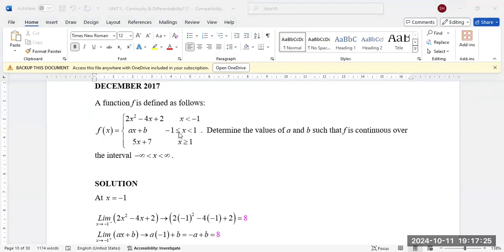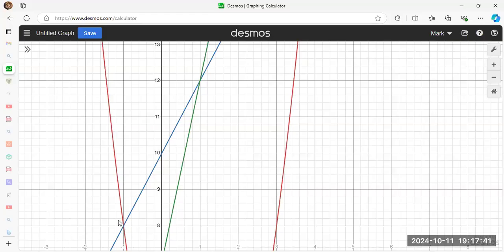Because it is greater than or equal to, it's going to have a shaded, a solid circle. Now, because this one is a solid circle, it supersedes this one. So at the point here, I'm going to have a solid circle to show you what is happening. So this function is going to be continuous at this point because of the solid circle that is here.